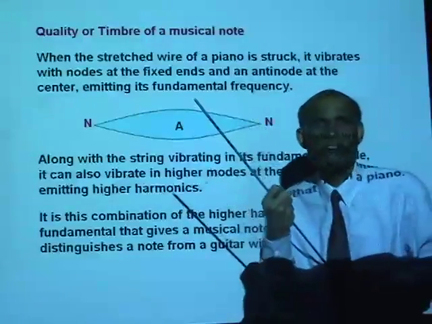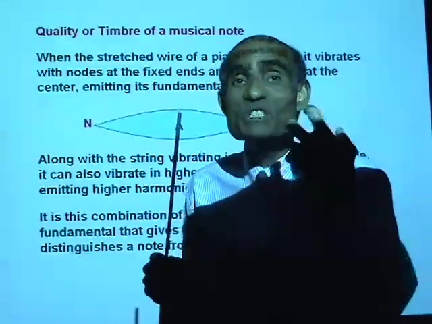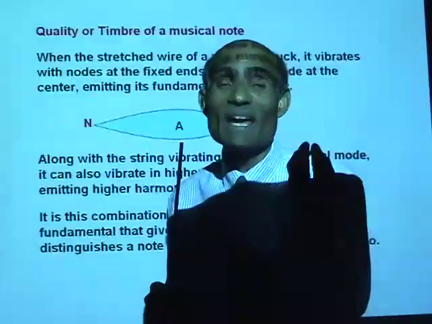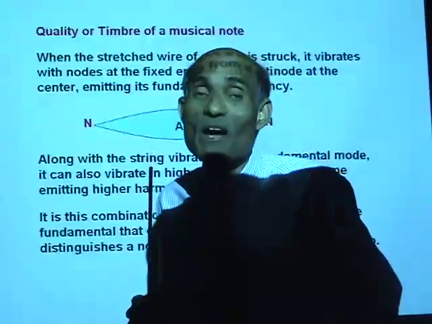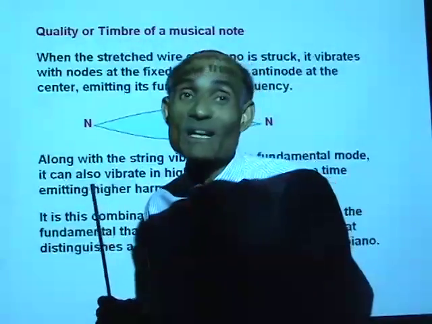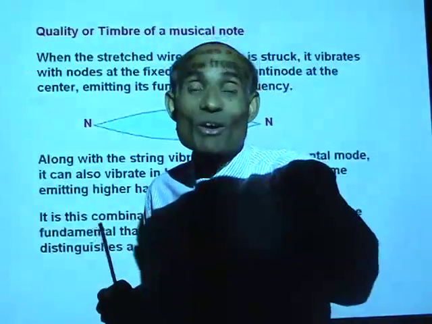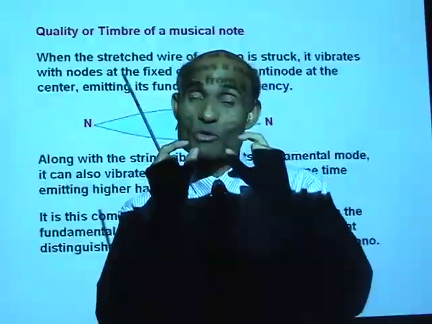It is this combination of the higher harmonics with the fundamental that gives a musical note its quality. And the quality of the musical note can be used to distinguish between a note that comes from a piano, a guitar, a drum, a piccolo, or a flute. You see that?